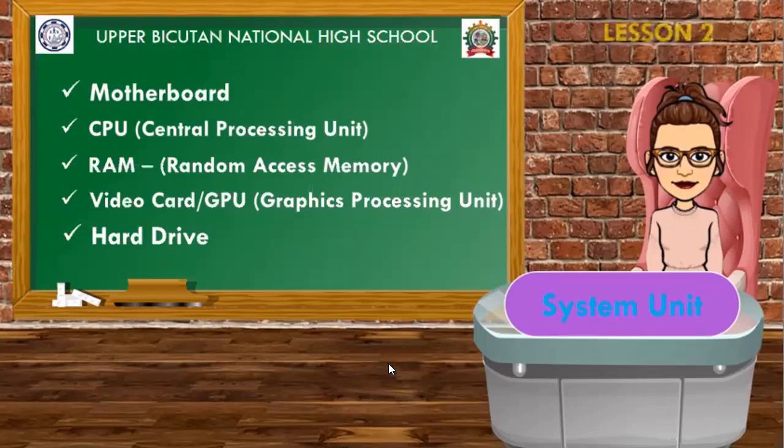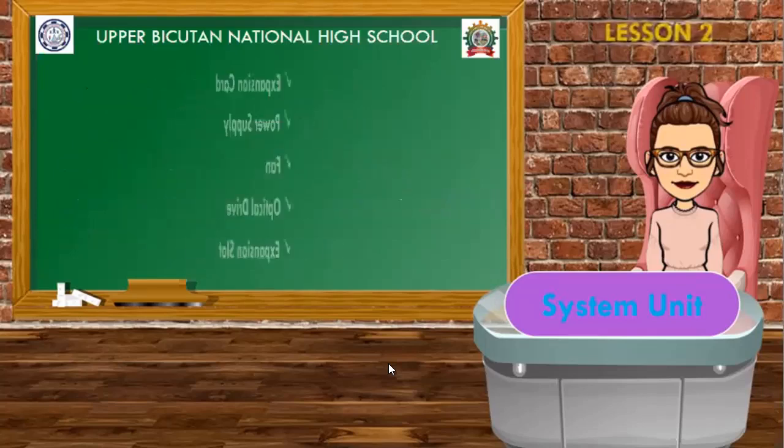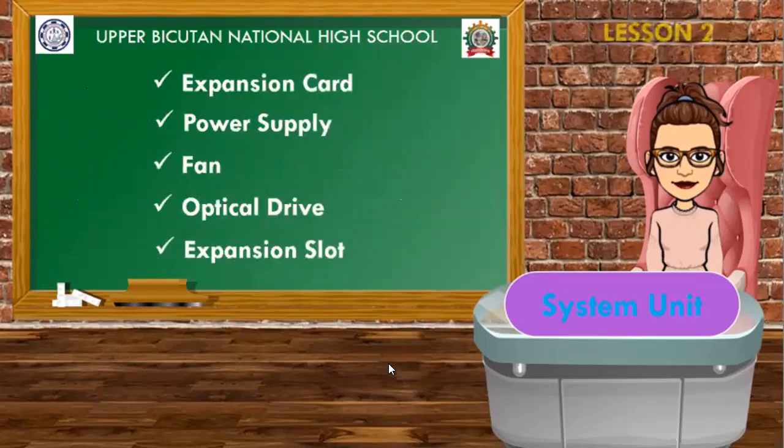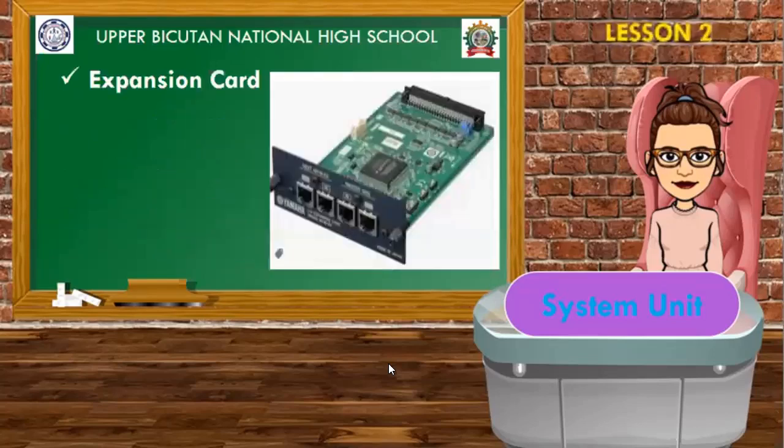Let us further discuss the other components found inside the computer system. We have the expansion card, power supply, fan, optical drive, and expansion slot. Let's start with the expansion card. Expansion card is used to connect peripheral devices or add new capabilities to a computer system.